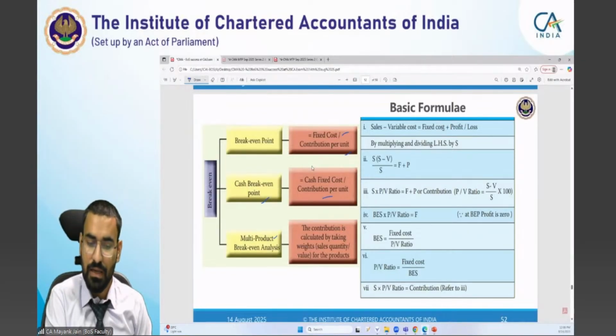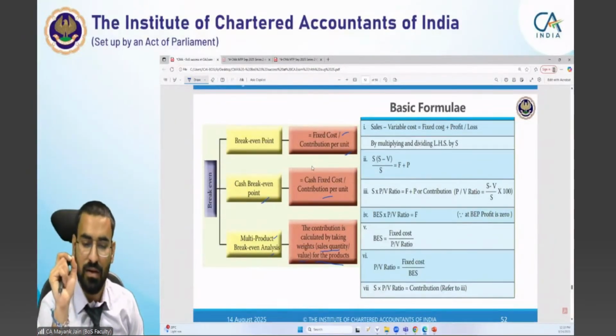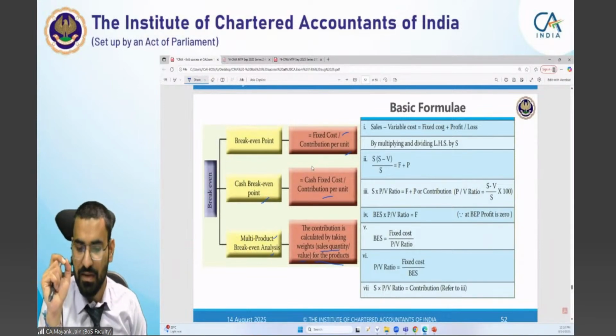And for multiple product break even analysis, you have to calculate by taking weights, that is the sales quantity or the sales value of the product. You will multiply the contribution with the weights, and in this way you can calculate the break even point for the multi product.